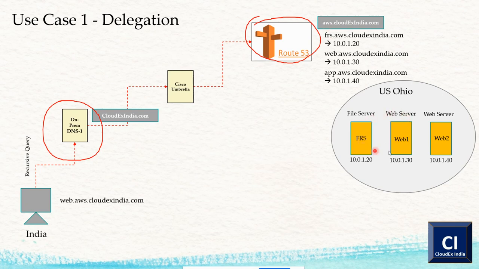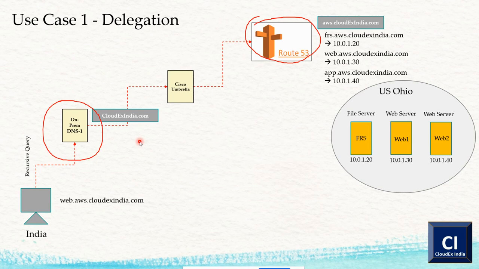Whatever record or resource you have created in the AWS cloud environment, those entries will be created like fileserver.aws.cloudxindia.com. So it will follow the parent name plus its own domain name as well. Okay, and in on premises, whatever record you create will be like xyz.cloudxindia.com. Okay, so this is how the structure will work over here.